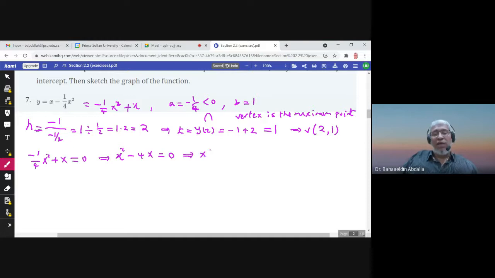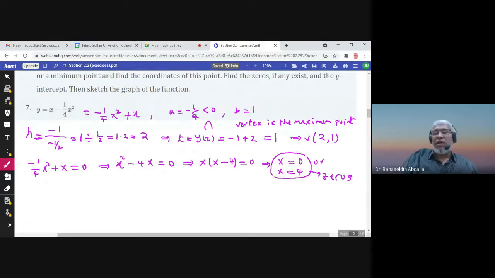And now I can take x as a common factor, and I can find out that the zeros are either x equals to 0 or x equals to 4. So these are the zeros or x intercepts of the function.